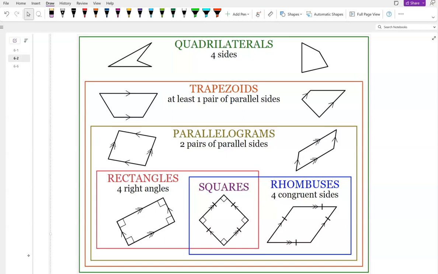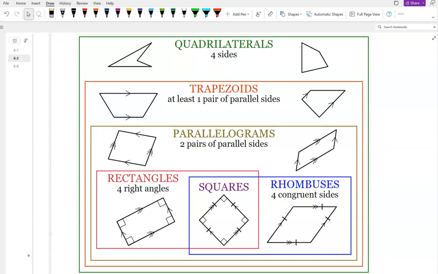But when you're working on this first section, where you're naming the different shapes, the really important part is understanding that as you go down this list from quadrilateral, trapezoid, and so on, it's just getting more specific, but technically all of these are quadrilaterals. Other than these two out here, everything down here would be considered a trapezoid.